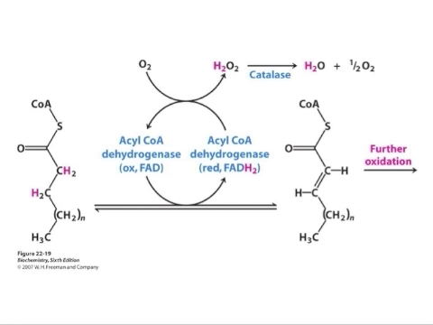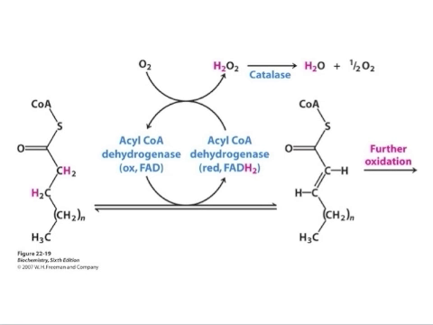In this slide, we see the first cycle of fatty acid breakdown as it occurs in peroxisomes. It's different from what we see in mitochondria. In this pathway, acyl-CoA dehydrogenase uses FAD to oxidize the acyl group to yield a double bond.